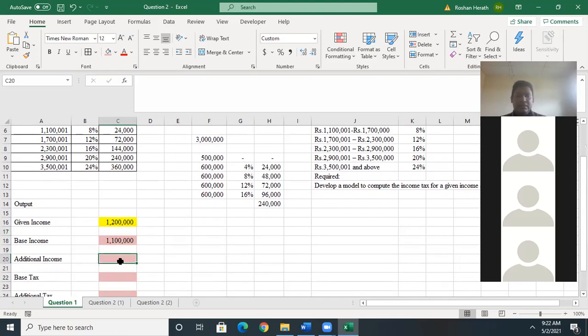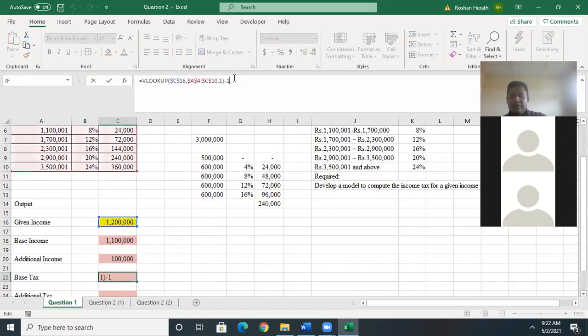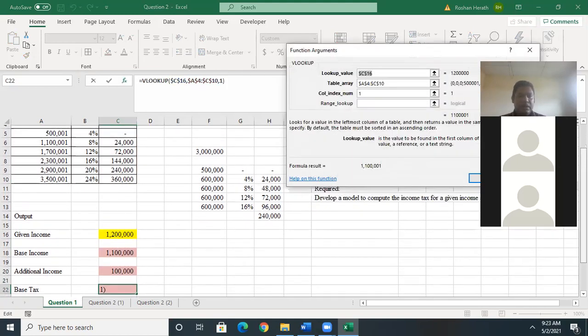Then the additional income is just a matter of taking the difference. You take this and deduct the base income. When it comes to the base tax, again you can make use of the VLOOKUP function. So I might copy the previous formula and paste it, then modify it. Where is the base tax?